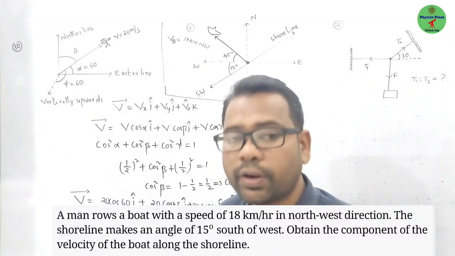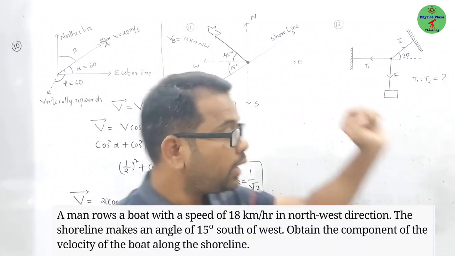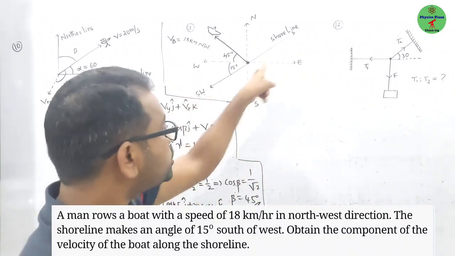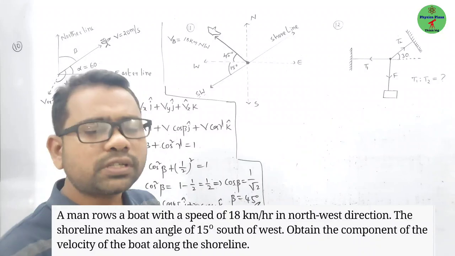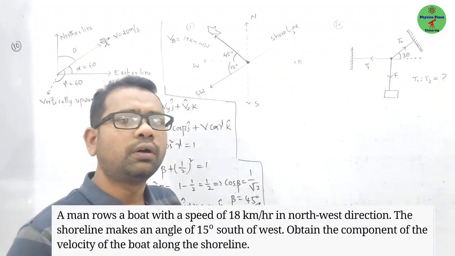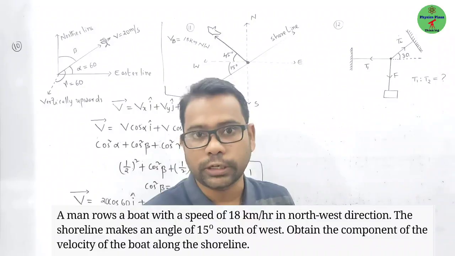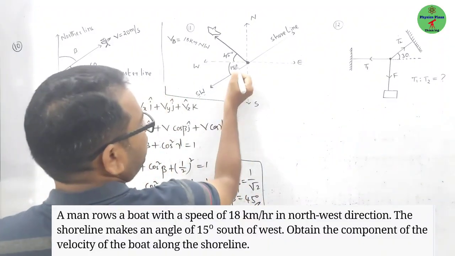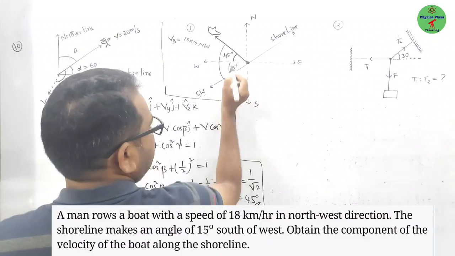Now they are asking us to find the vertical component and parallel component to the shoreline. They are asking with respect to the shoreline. So first, you should know the angle made by the boat with the shoreline. So here it is 45 plus 15. Yes, this is the total angle made.